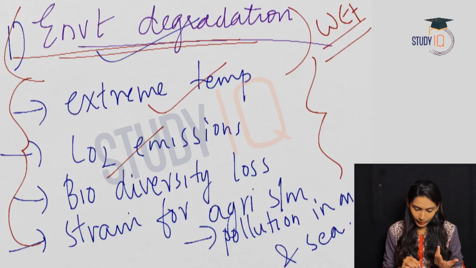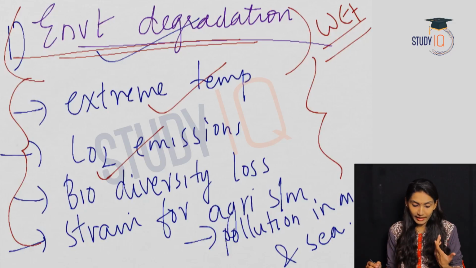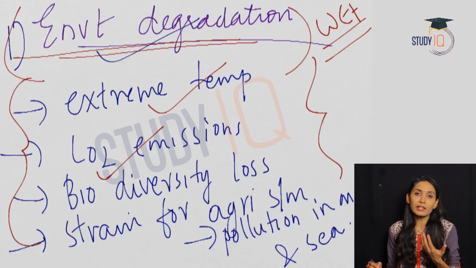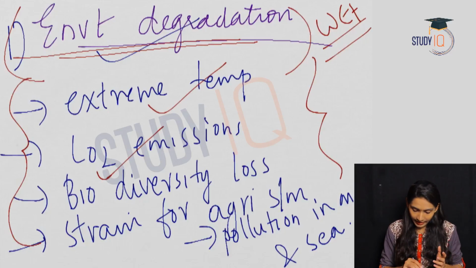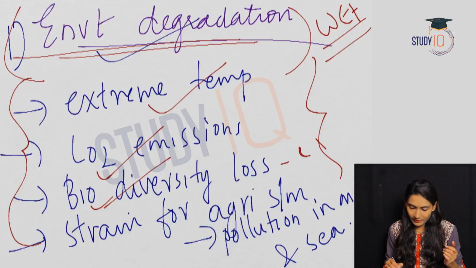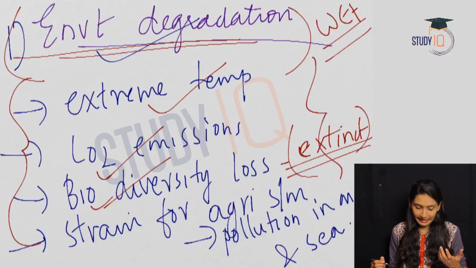Also CO2 emissions, carbon dioxide emissions in the environment have been increasing, and the report says that it will further increase, leading to damage for both the environment as well as the human beings living on the earth. Again, biodiversity loss, which will lead to mass extinction rates. Extinction rate means species will become extinct or they will disappear from this earth. So extinction rates also will increase.